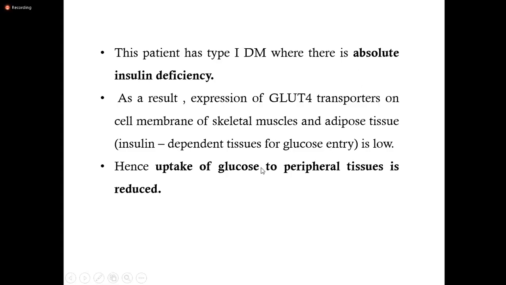So then there is reduced uptake of glucose by the peripheral tissues. That contributes in these patients to elevate the blood glucose level during fasting. So we have described one factor for this elevation of fasting blood glucose level in this patient.